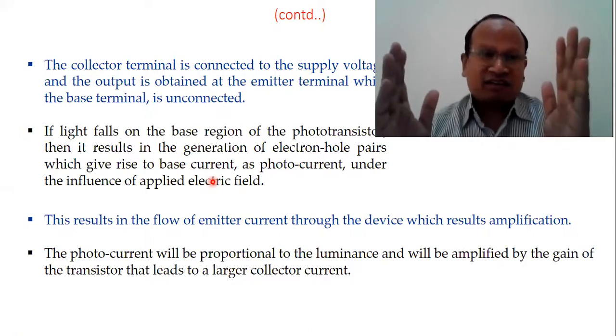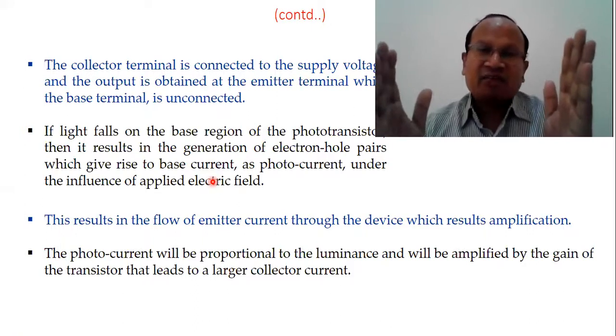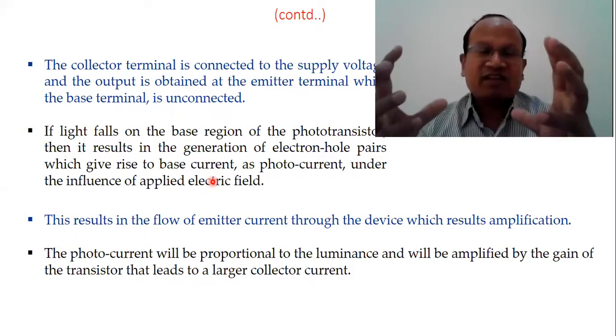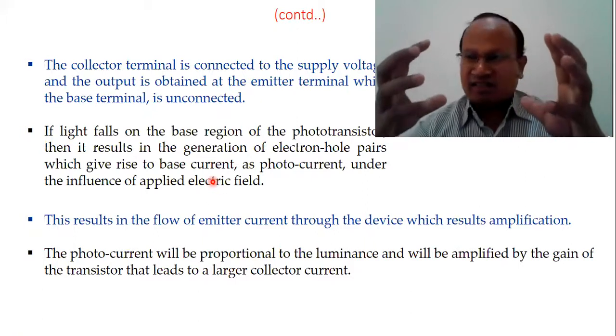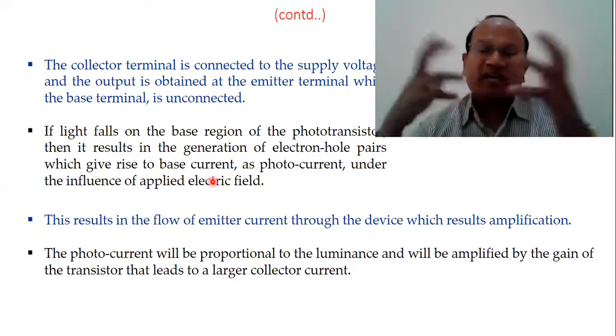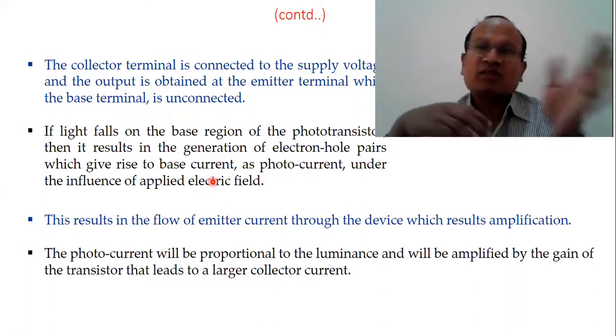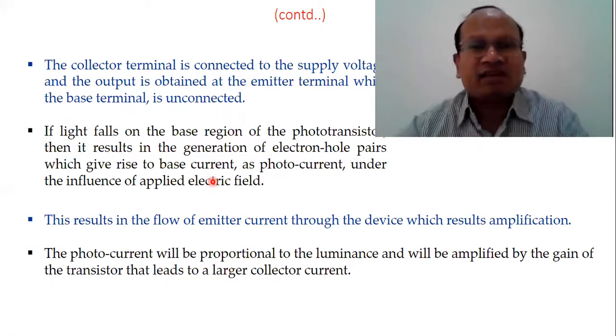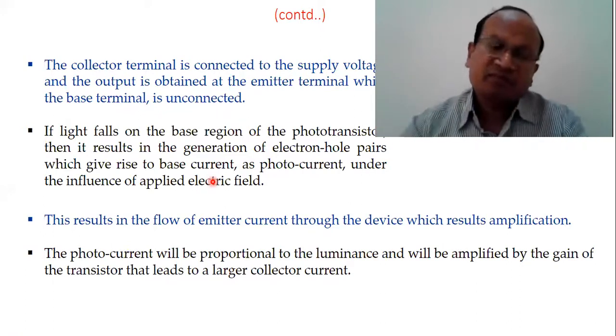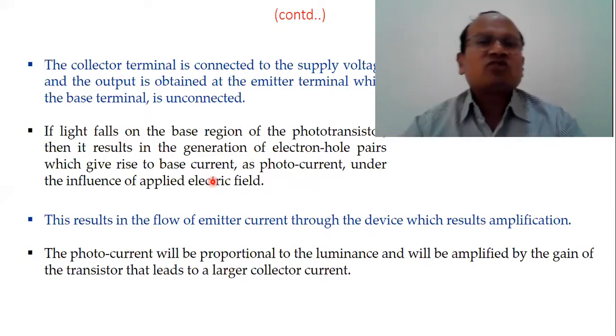There is a depletion layer, you can say it's a barrier area. Now electron hole pairs are generated, there is a photocurrent. So the electric field is there, of course, positive side, negative side, there is a potential barrier. So the electric field is there, excitation is there, so current is there.